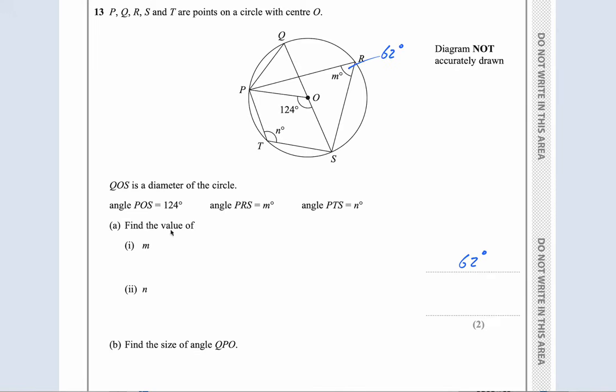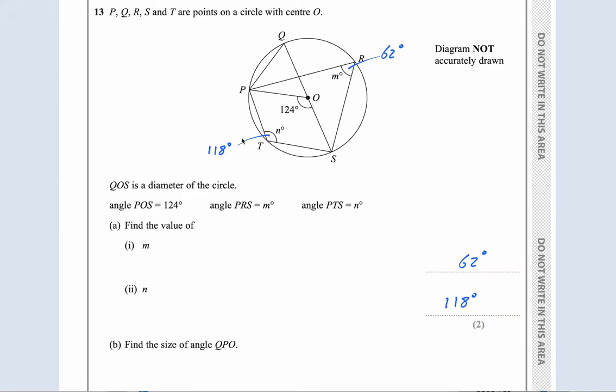Then n is 118. Why? Because this is a cyclic quadrilateral, which means the opposite angles add up to 180. So 118 plus 62 equals 180.